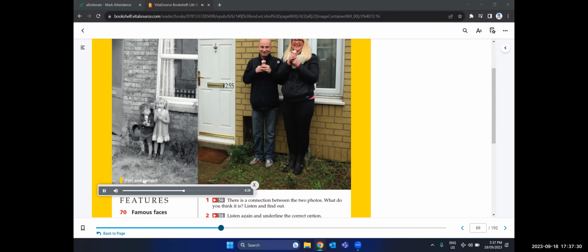Donna and Stephen saw their photo from 1981, and they contacted Chris. It shows them as children in front of their old family house. They don't live in the house now, but they live in the same city. They returned to the street. Chris took the second photo in 2015.